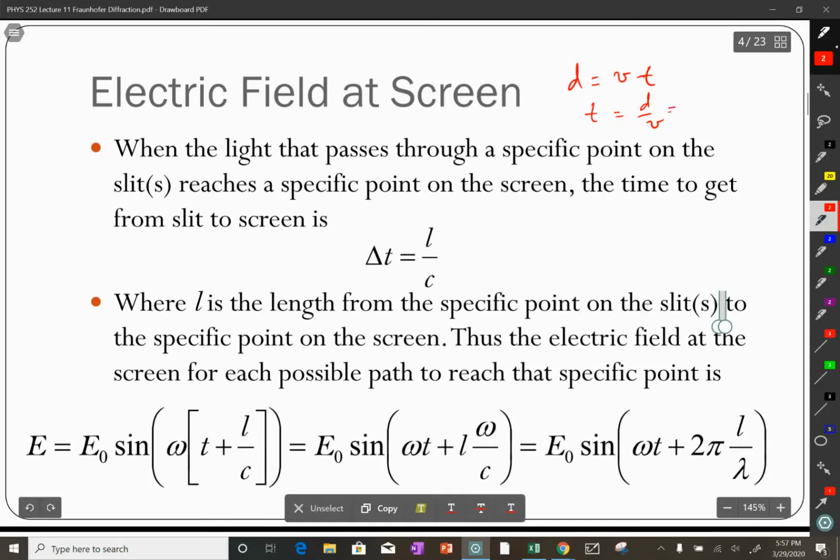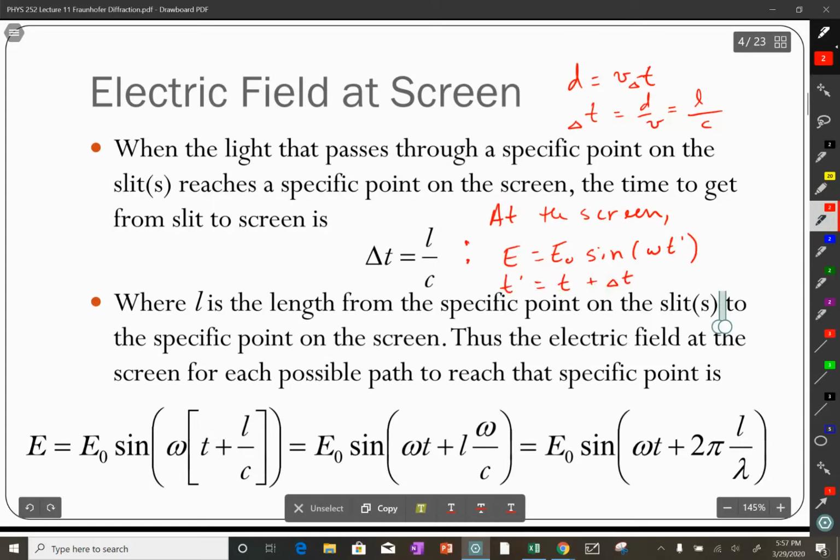And so in this case, the distance is the L, L1 or L2, and the speed is the speed of light, c. Now, I just put delta t's there because that's the difference in time. So that means at the screen, I'm going to have E equals E0 sine of omega t prime, where t prime is equal to t plus delta t.